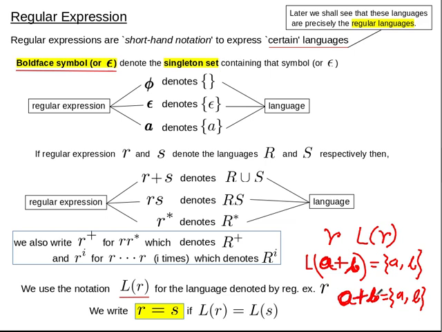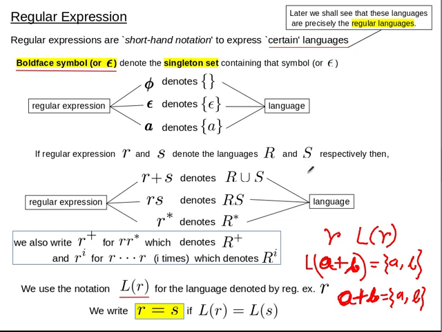If you see a regular expression, you can immediately interpret it as the set instead of saying that it denotes the set. It depends on the context. If you want to make a distinction, you can use this capital R notation. Otherwise, it will be understood that L is there and it's invisibly present everywhere.